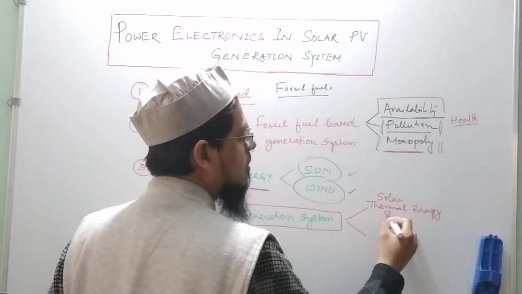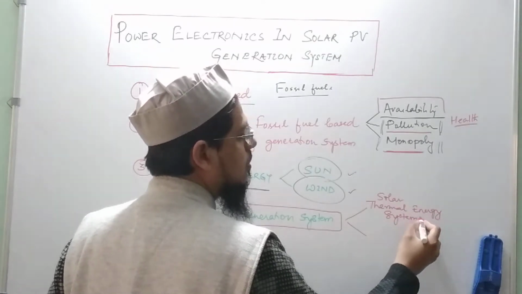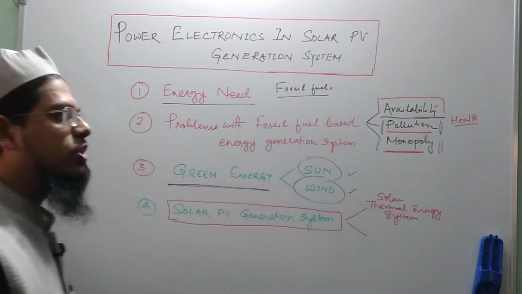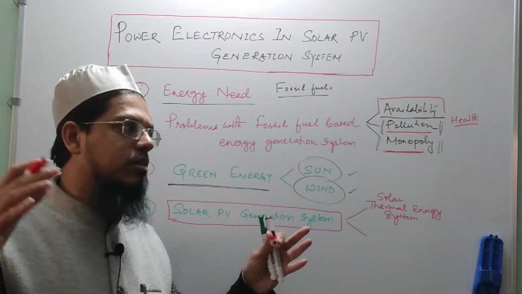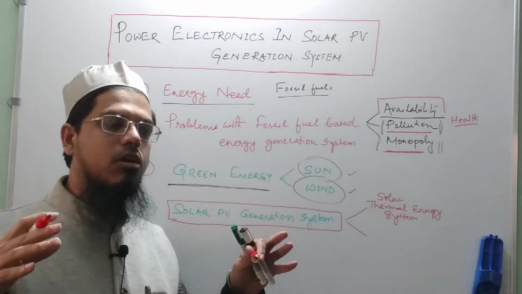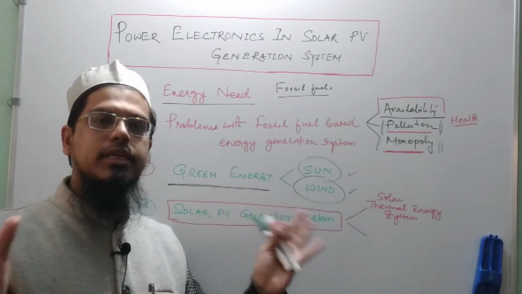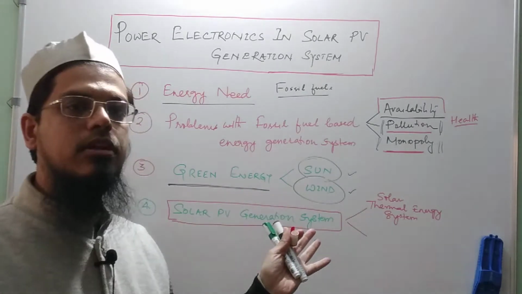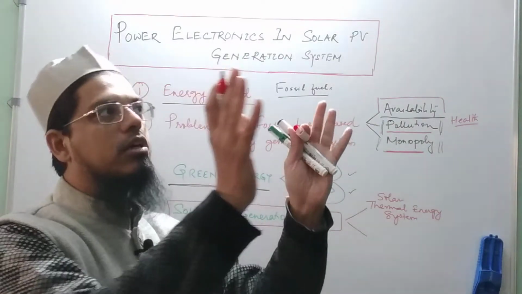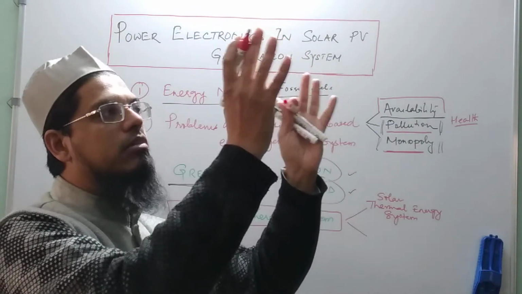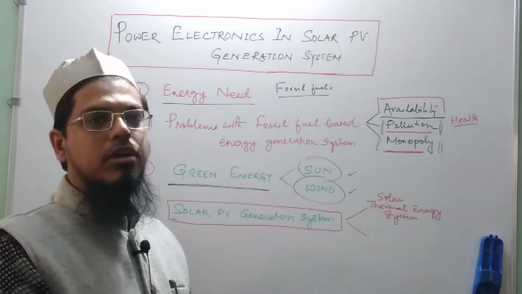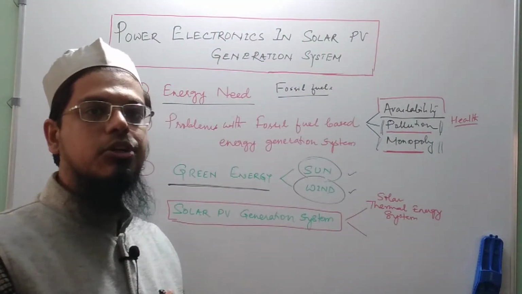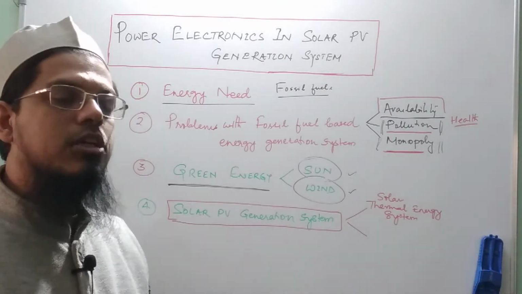We could have big power plants based on this concept of solar thermal energy, wherein the sunlight is allowed to fall on parabolic dishes, and that light is focused on a fuel system at the top of a tower, which is heated and converted into steam, and that steam is used to run the turbine.